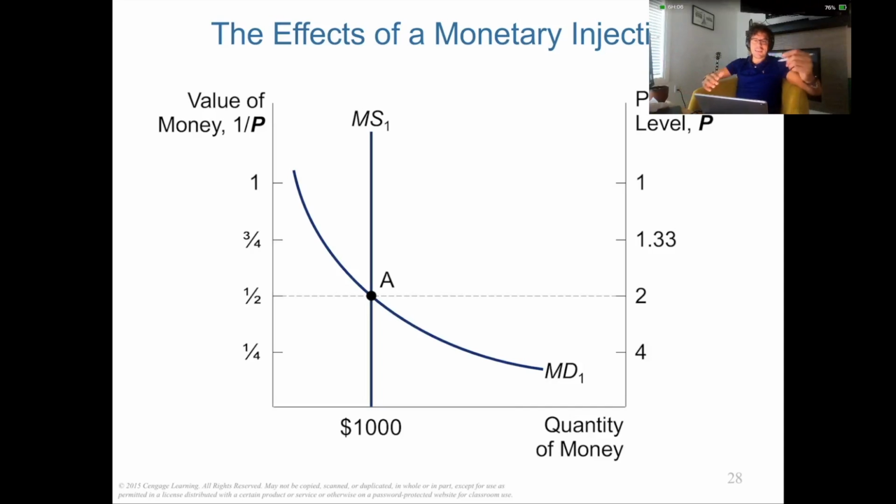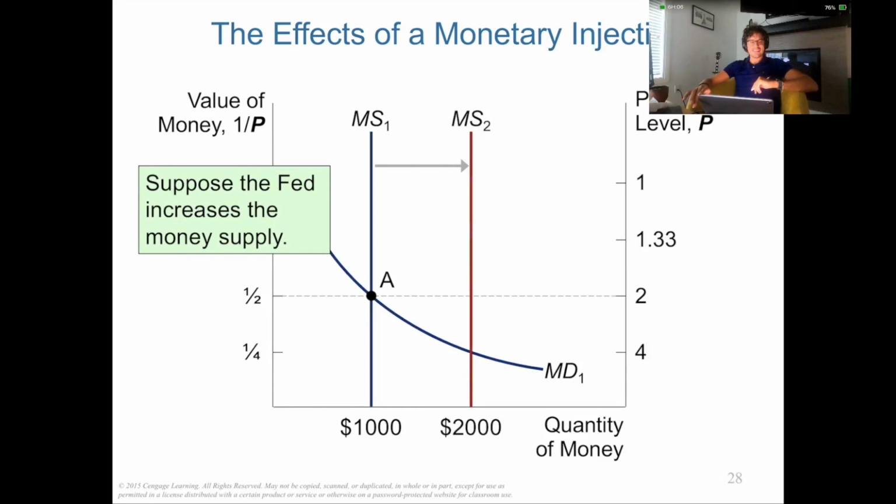So let us now make an experiment and see what happens if the Federal Reserve, which is in Washington, decides to print more money, to increase the money supply. Suppose the Fed increases the money supply from 1,000 to 2,000, say from 1 trillion to 2 trillion. So what happens?